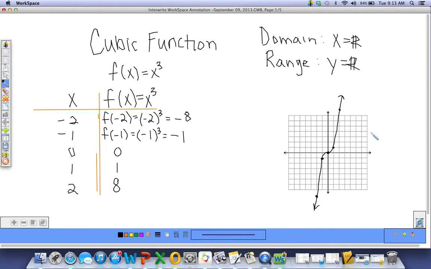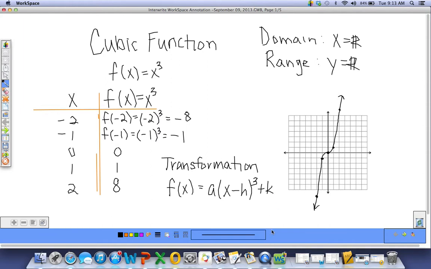Now for the important part, the transformation function. Once again, we have A, H, and K. H is still a liar, but this time we're going to have f of x equals A times (x minus h) cubed plus k.